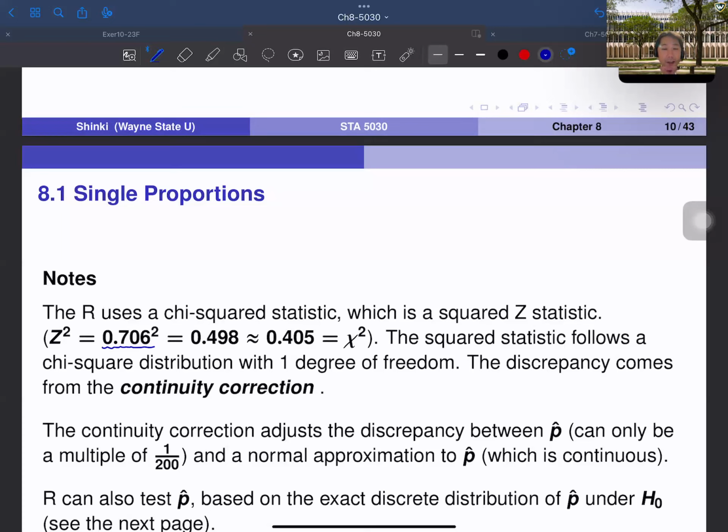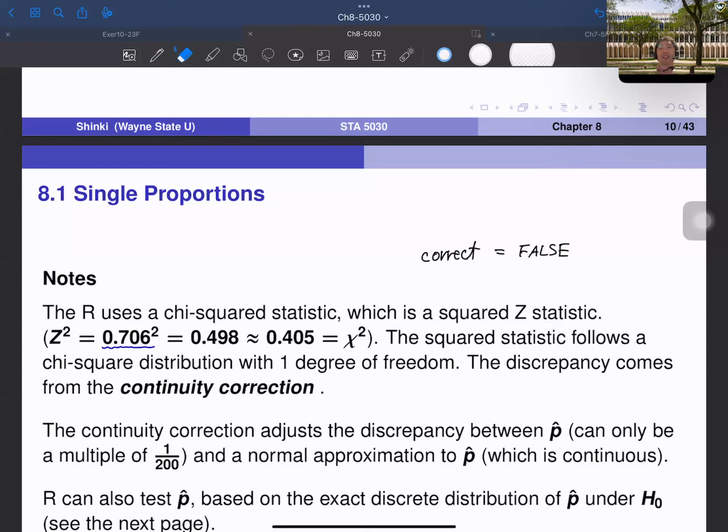We have the correct option, so we can set the continuity correction. If the correct option is equal to false, then you do not do continuity correction, and you will get the z square, so 0.498.